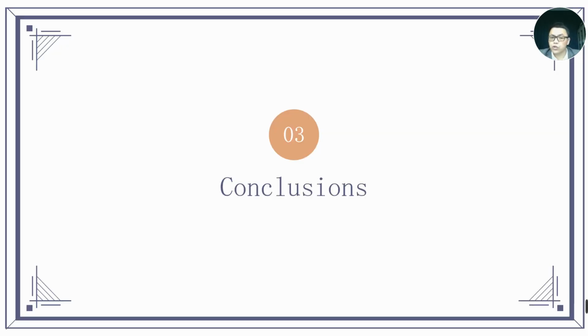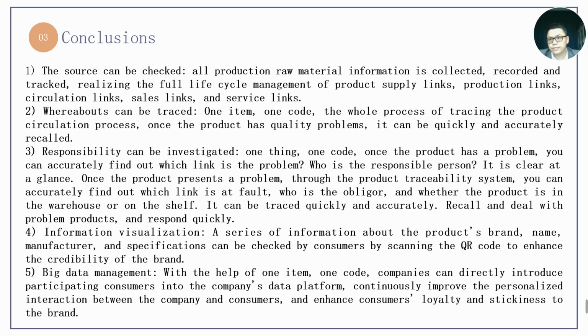Section 3. Conclusions. The source can be checked. All production raw material information is collected, recorded, and tracked, realizing the full life cycle management of product supply links, production links, sales links, and service links.